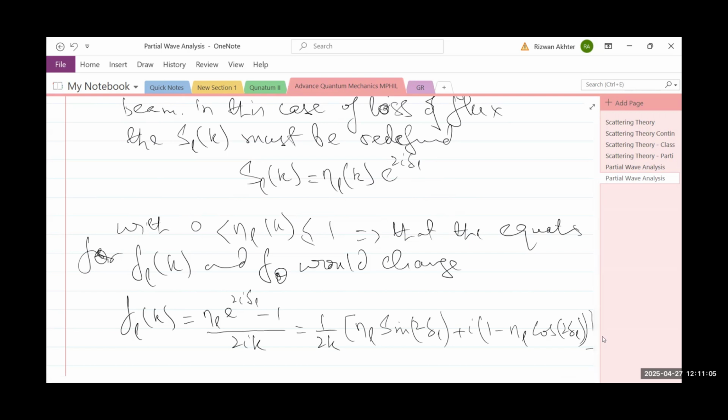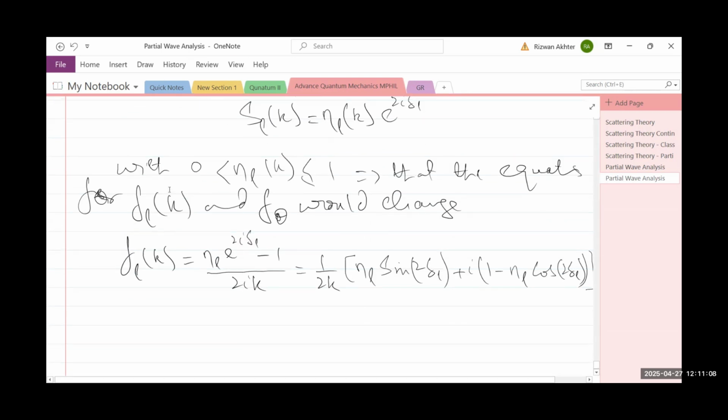And similarly we can write for f of theta, so this f of theta would change to 1 over 2k, summation over L going from 0 to infinity.